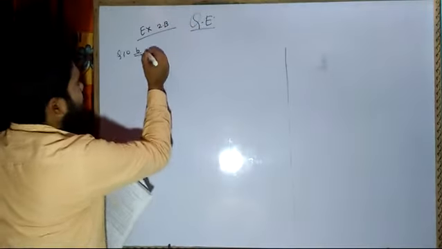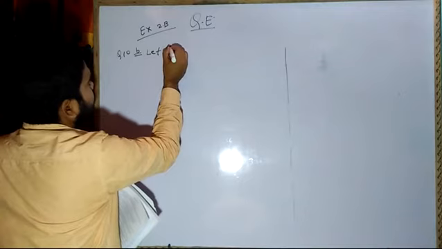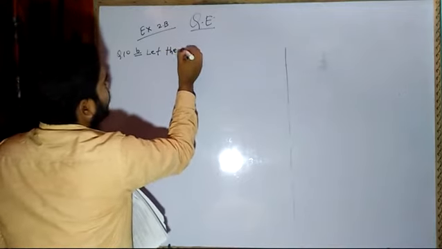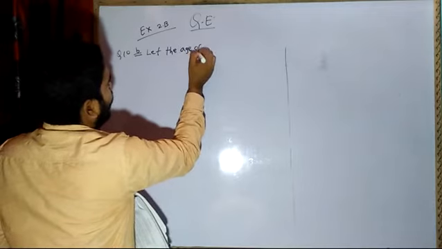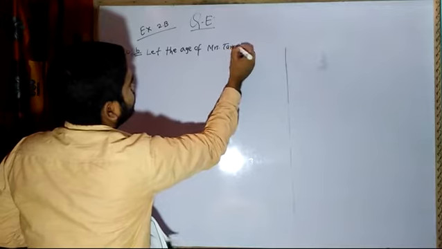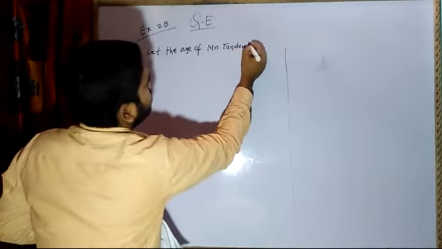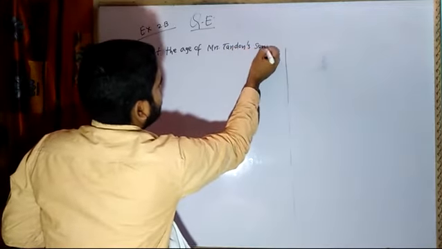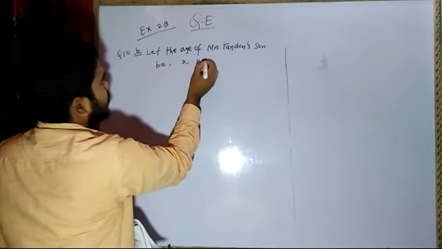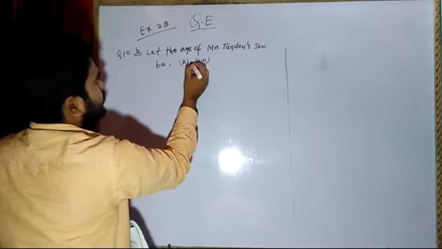So I will assume, let the ages of Mrs. Tandon's sons be x and x plus 1 years.